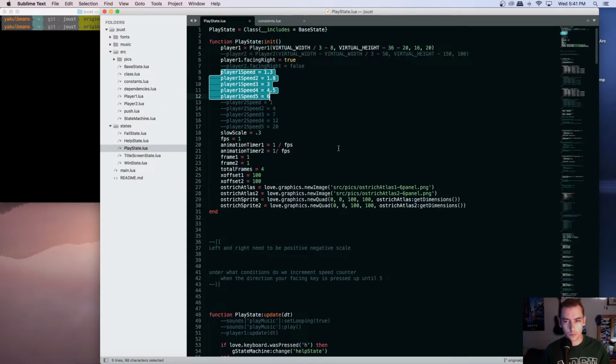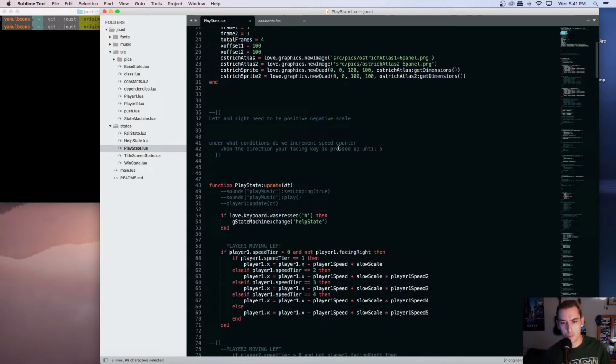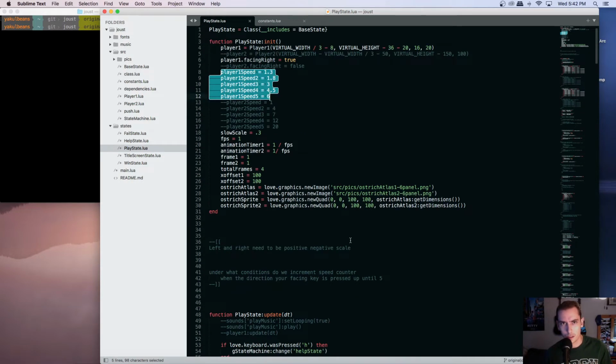So it looks like every speed tier gets whatever the default speed is multiplied by the slow scale multiplied by the second speed.